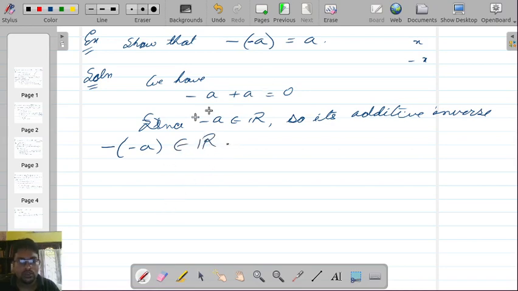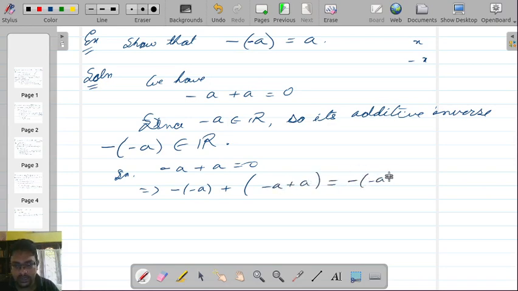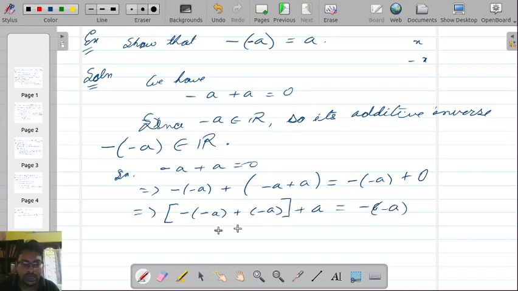So minus a plus a equal to 0 will imply that I add minus of minus a to both sides. Minus a plus a equal to minus of minus a plus 0. And then I use the associative property here. So this is minus of minus a plus minus a, this plus a, equal to minus of minus a, because this added with 0 is the element itself.